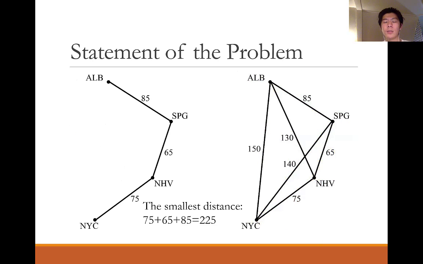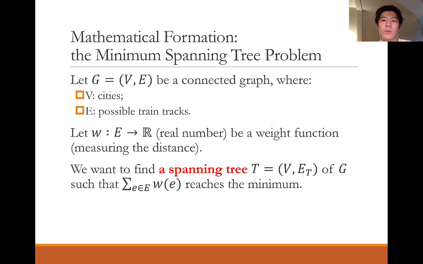In this specific case, the smallest distance is shown as the graph on the left, which is 225 miles. So this problem is actually a minimum expenditure problem. The graph we showed on the left was just a minimum expenditure. So this is the mathematical formation of this problem.